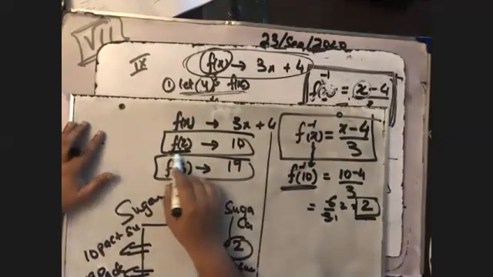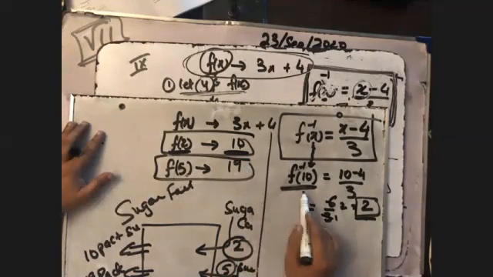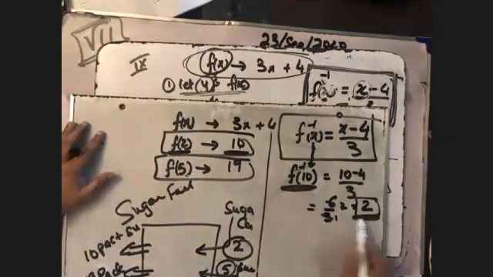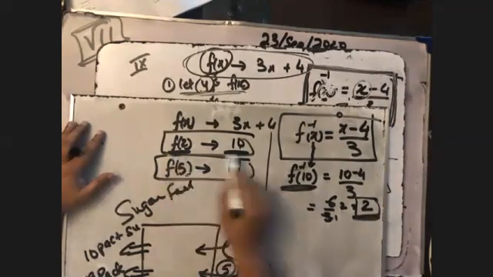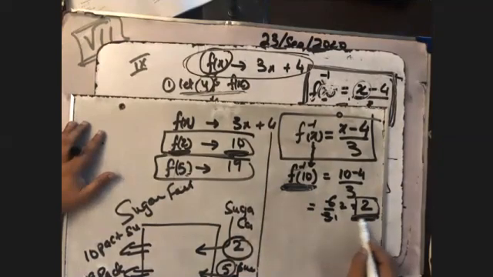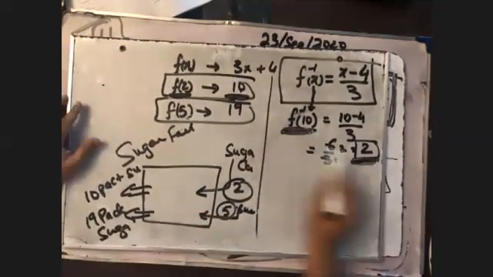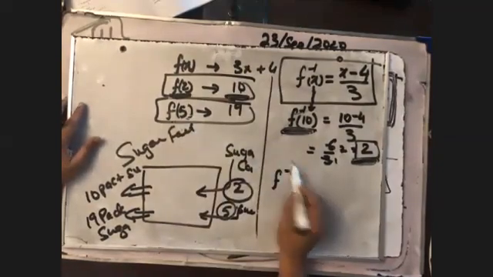If f of 2 gives you 10, then the inverse of 10 will give you 2.